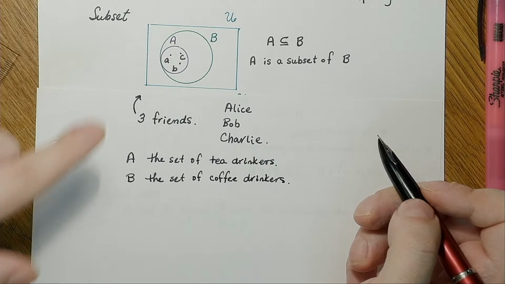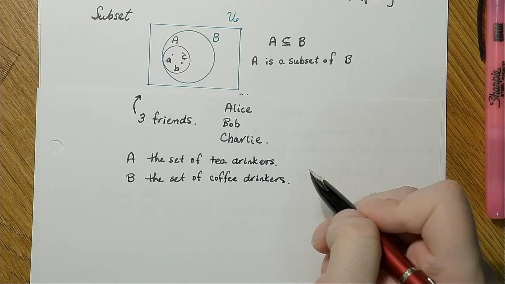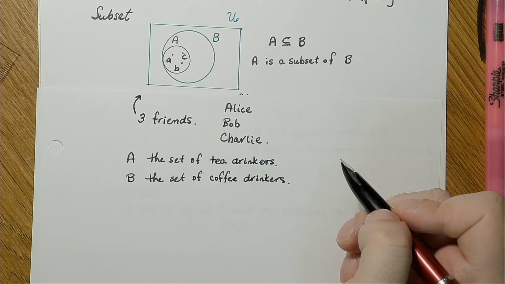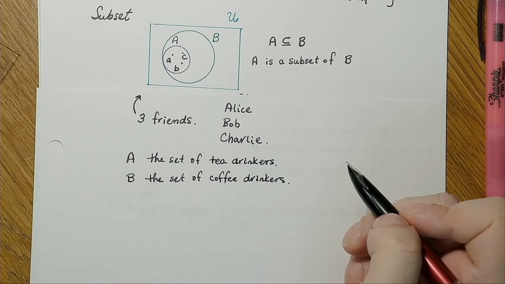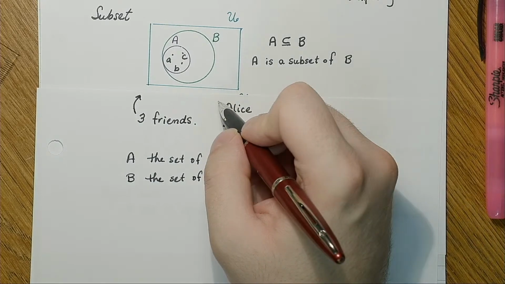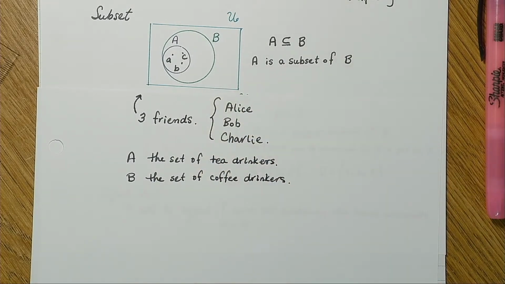And in fact, they're both tea and coffee drinkers. So there's a silly explanation for why all the elements in one set could be in another set.